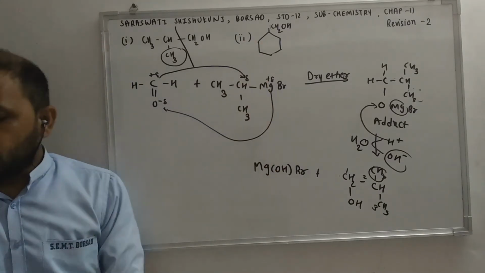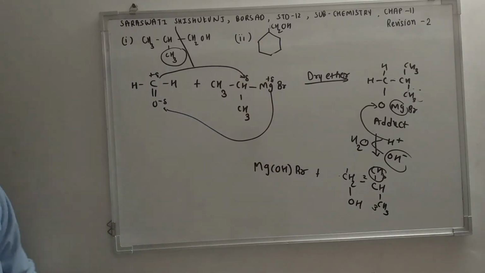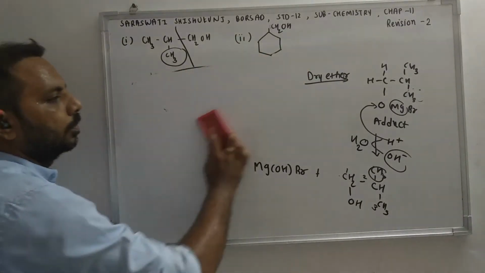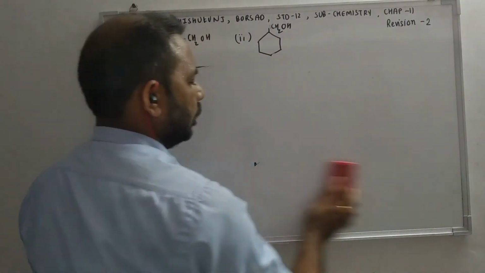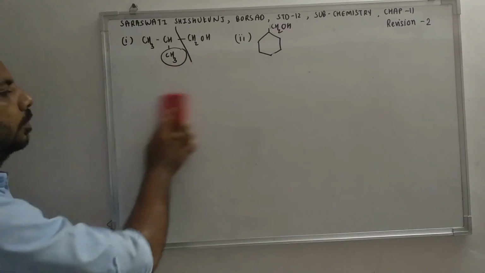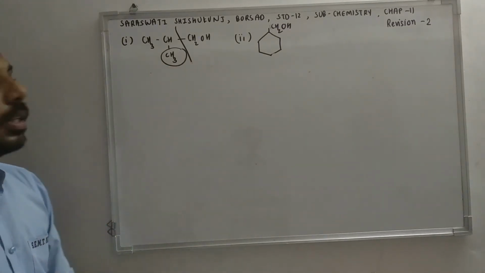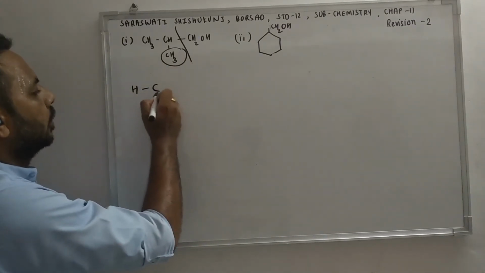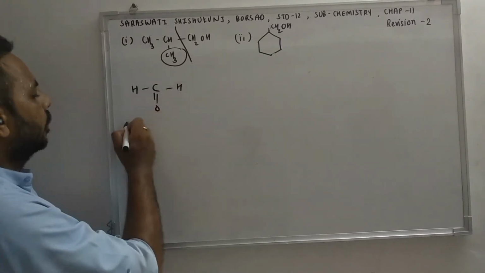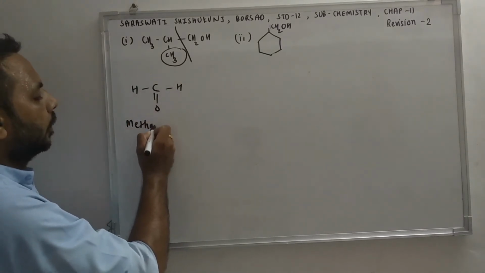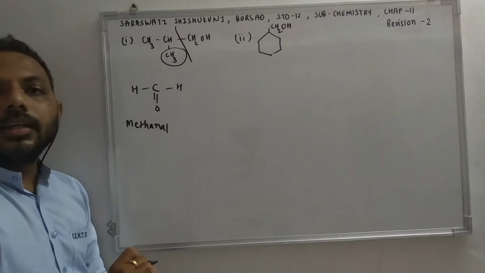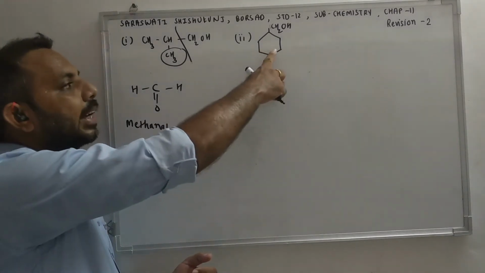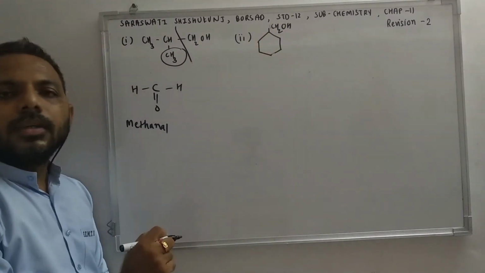Okay. Now for the second compound, our initial reagent is methanol only. So this is methanol. Now we need to form cyclohexylmethanol.